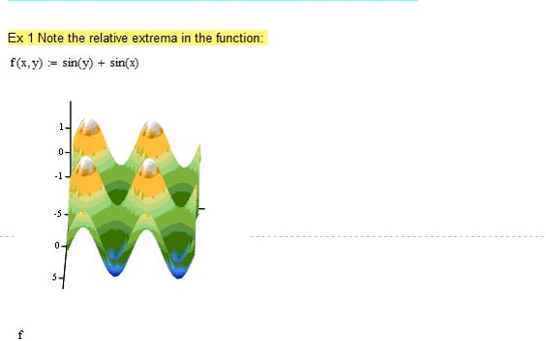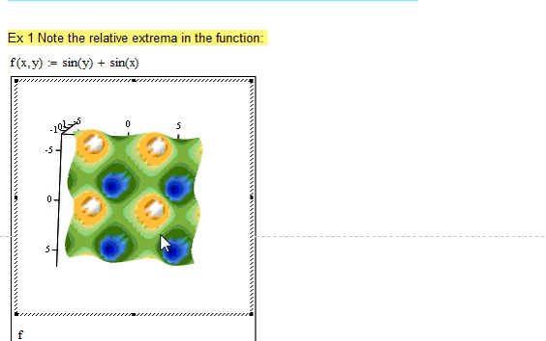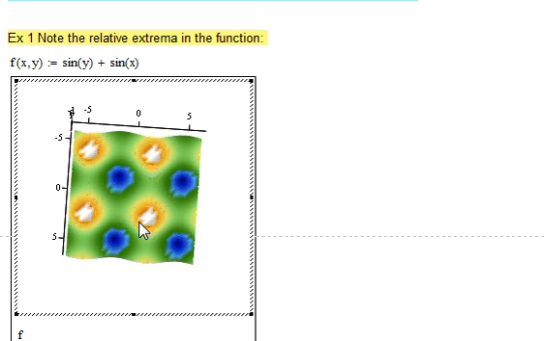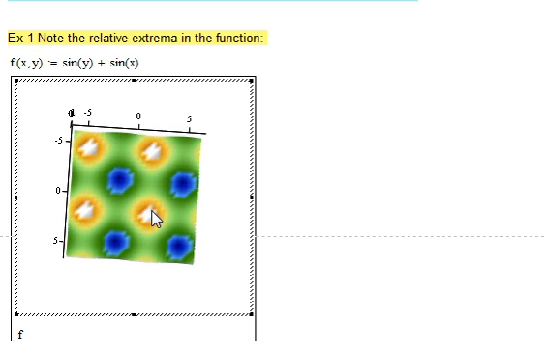Let's see if we can go back to our picture and see that. Pi over 2 is approximately 1.57. What this is trying to show is that x is 1.57 here, and y is 1.57 here.